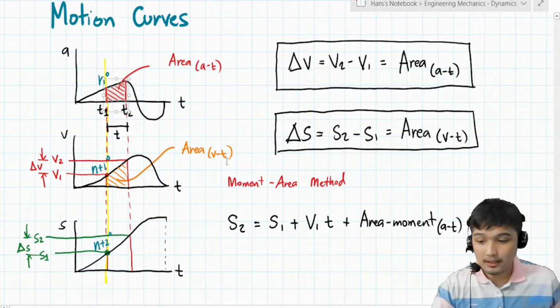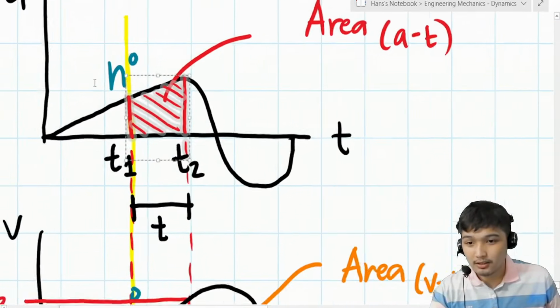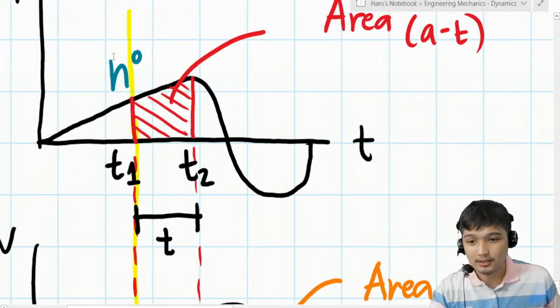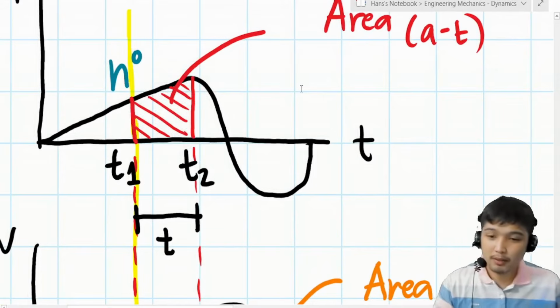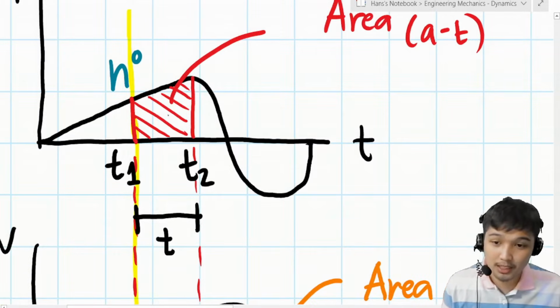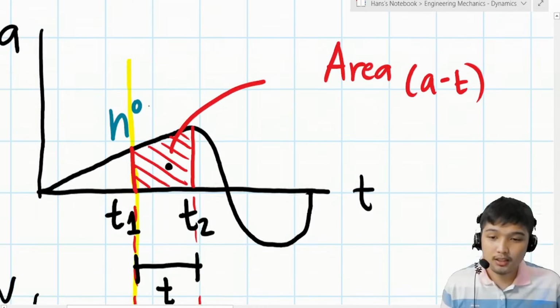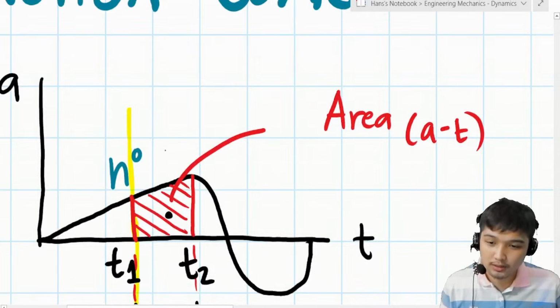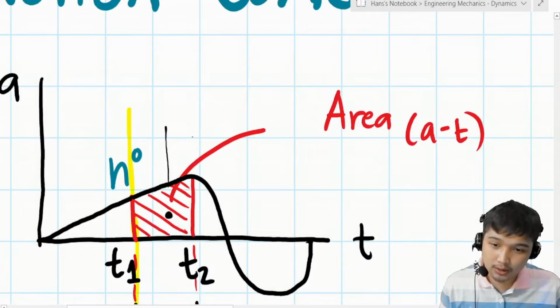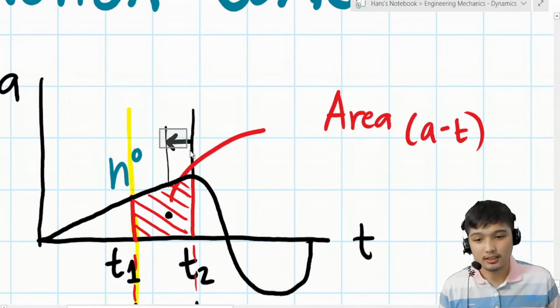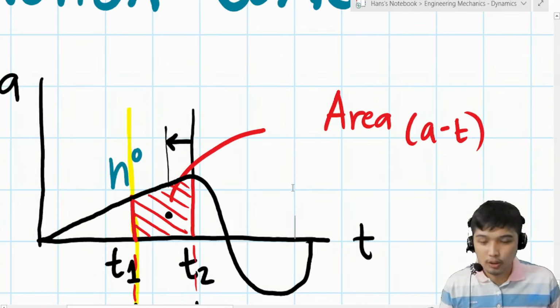Okay lang? So, mag-zoom in tayo dito. Yun yung pinag-uusapan natin guys, itong kulay red. Syempre, meron yung centroid and then dapat alam na natin kung paano magkuha ng centroid. So, what we need to do is to take its moment about T2. Ito yung magiging moment arm natin guys, in distance na to. Okay? Konting geometry lang yan guys.